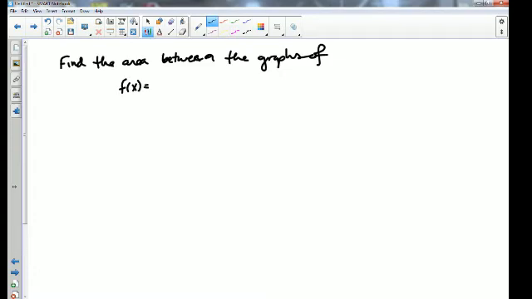Too many points makes things confusing. We'll make this one a little easier on the functions. There you go.